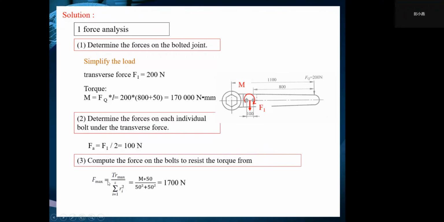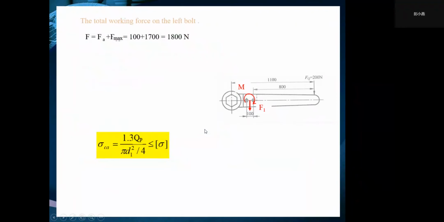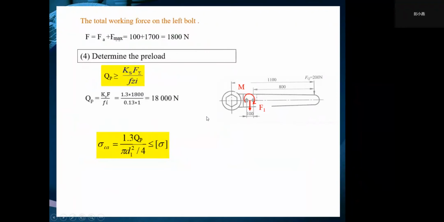We use this equation from force analysis, and then determine the bolt. Find the bolt which carries the maximum force. It's the left bolt.